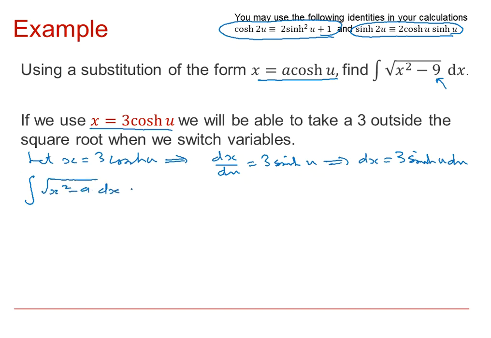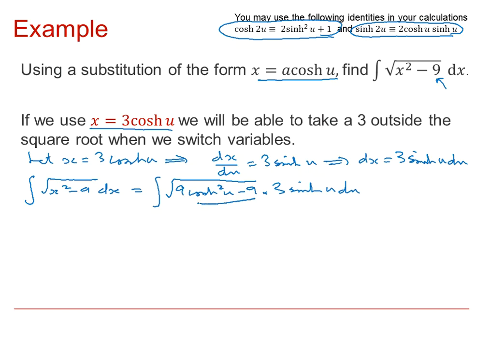9 dx, can now be written as the integral of the square root of x squared minus 9, which is the square root of 9 cosh squared u before we take away the 9, and dx is 3 sinh u du.